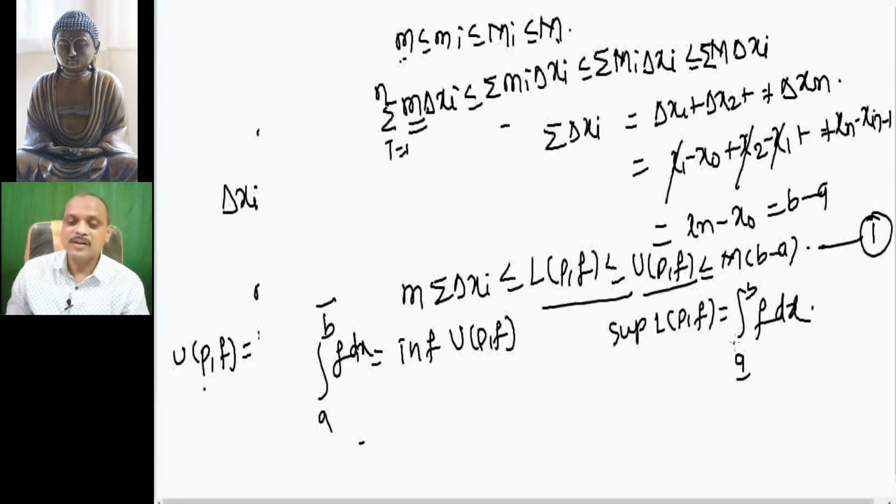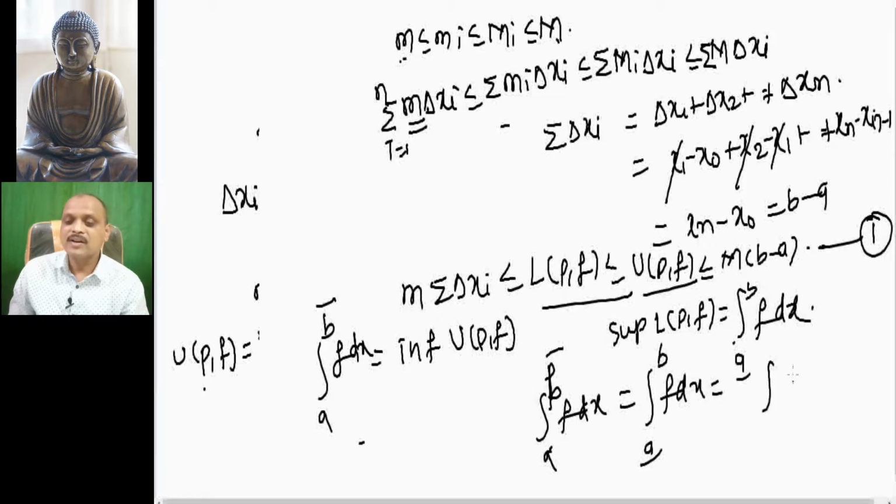Now whenever these two values are equal, whenever the upper integral is equal to the lower integral, then the function is called integrable, and we have the integration of the function between the limits a to b.